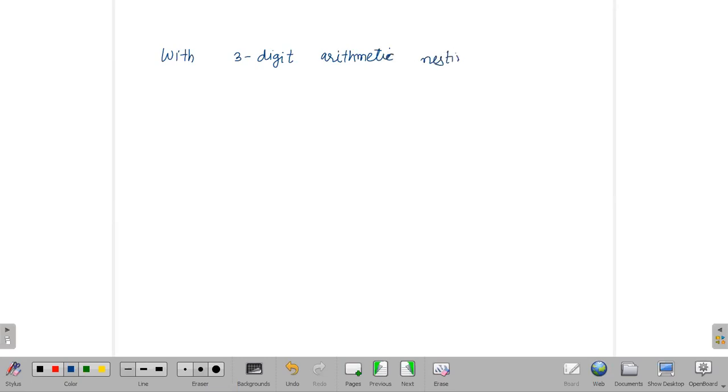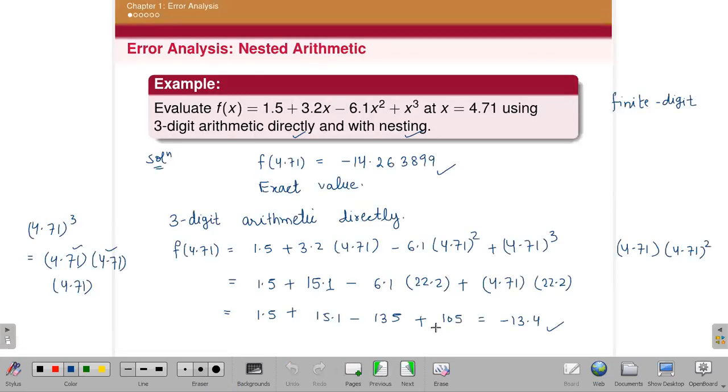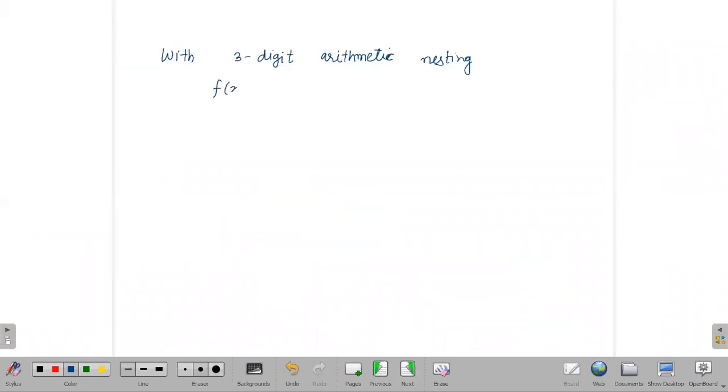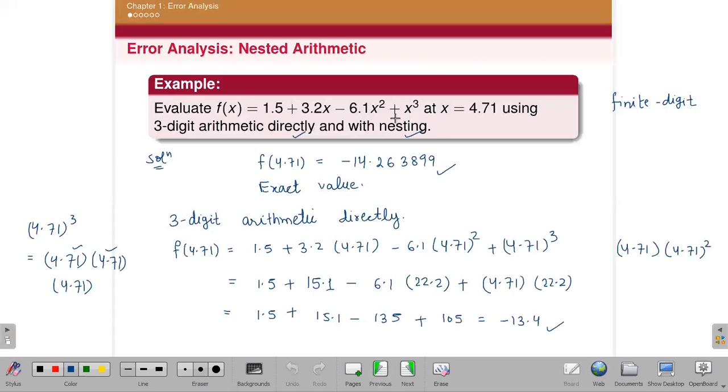Can you go to the previous slide for a second? Thank you. So now you have a polynomial. You have to write this polynomial in nested form. So it is 1.5, and here I will take x common.